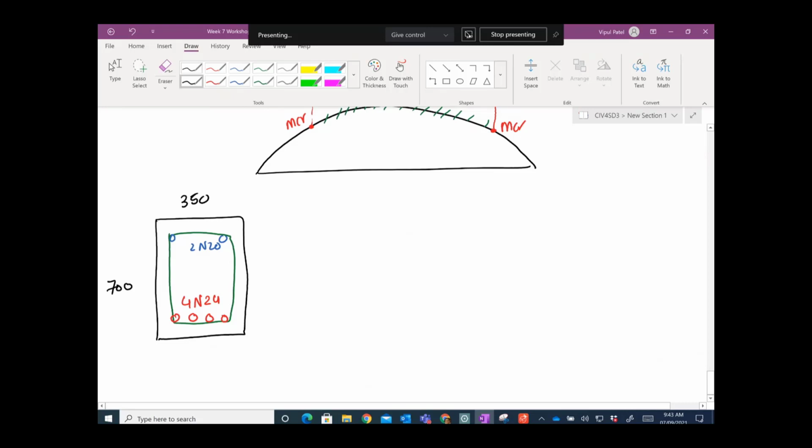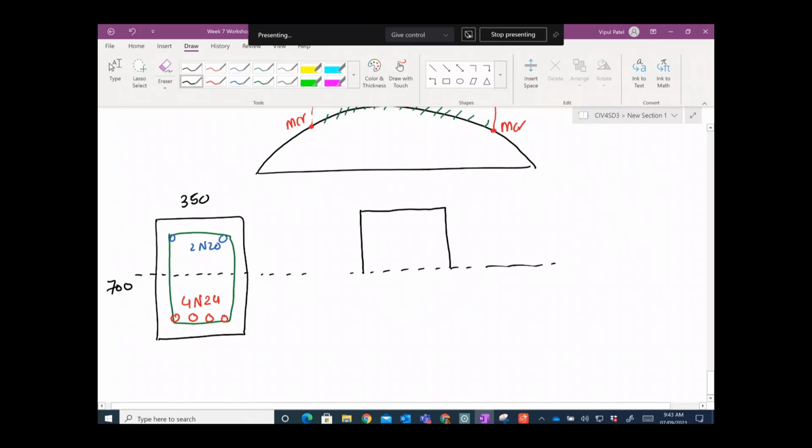Now, to do this one, we have this axis. This is called the plastic neutral axis. Plastic neutral axis meaning that your beam is going to have broken, because the concrete below this plastic neutral axis will be gone. So let me draw the concrete which is above this axis, which is the compression zone.